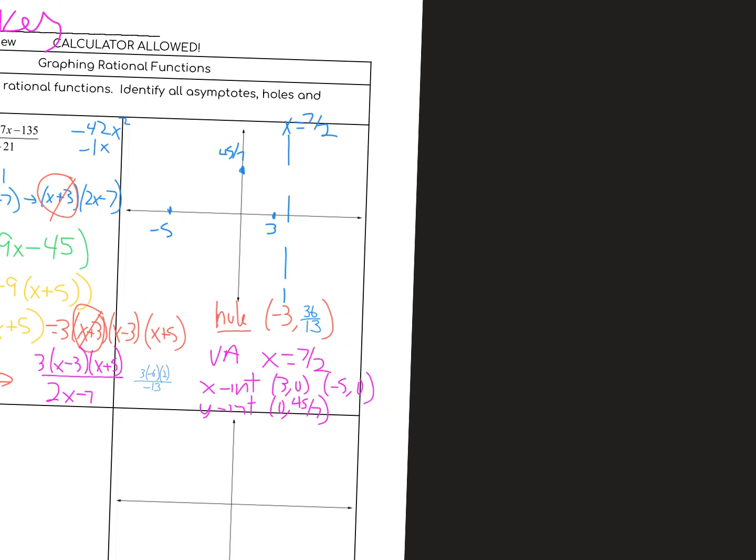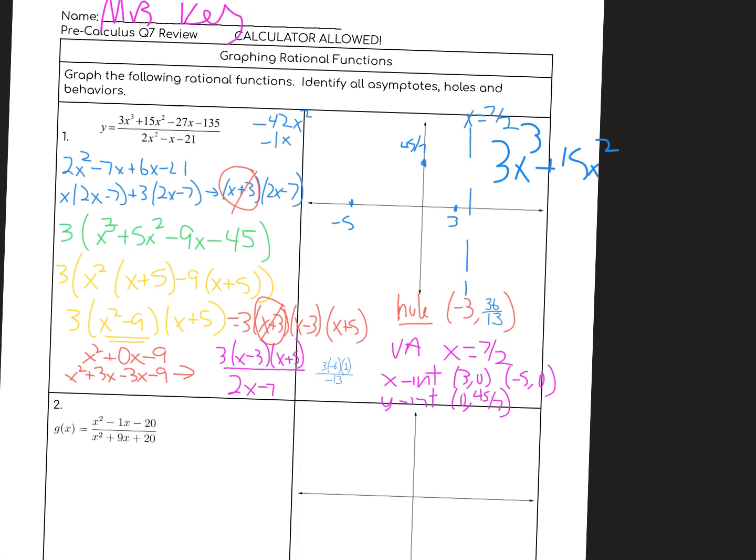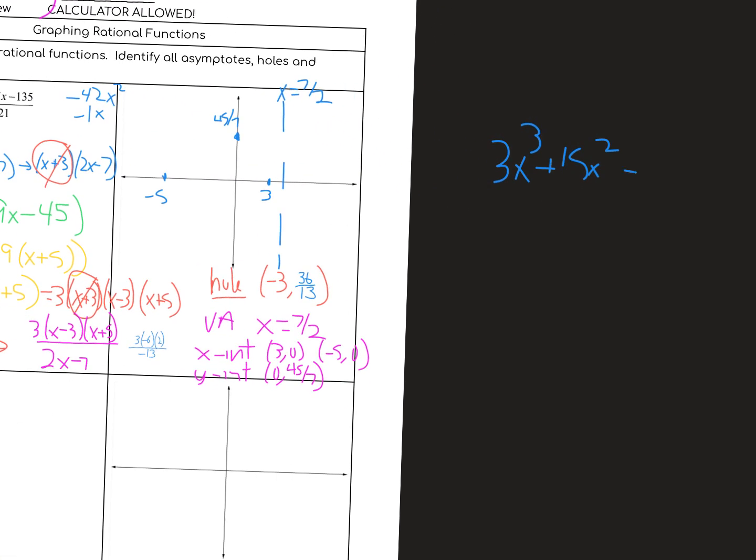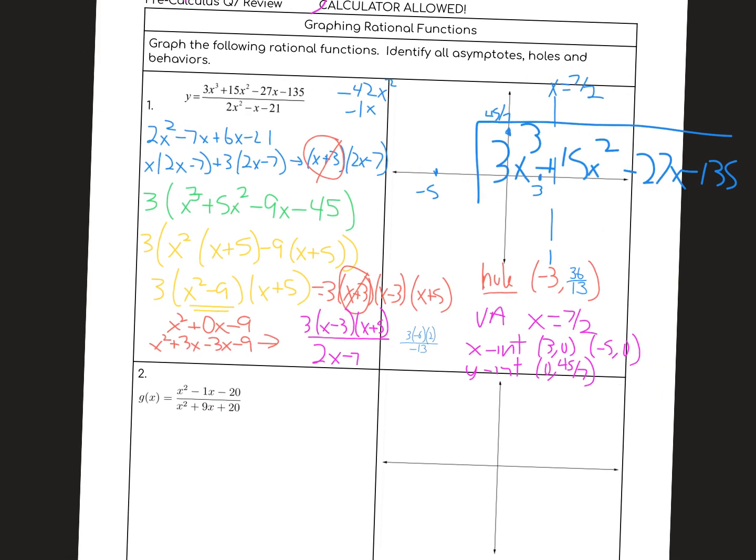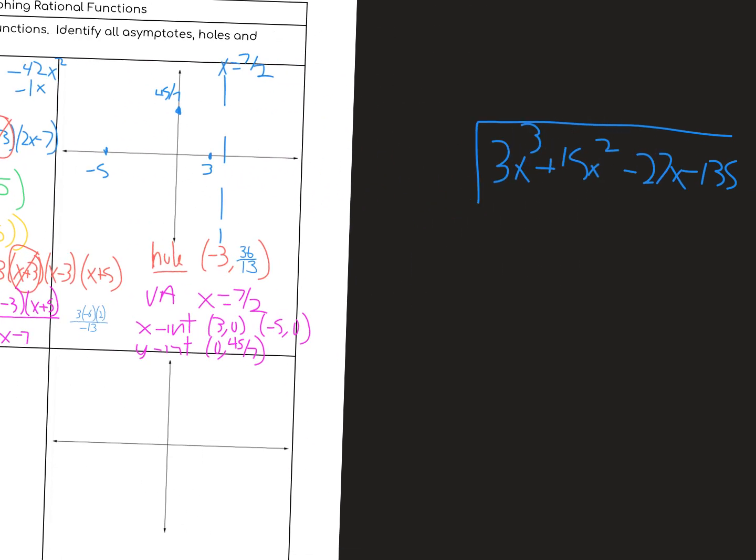So I have 3x cubed, 15x squared, 27, 135. I'm going to divide that by 2x squared minus x minus 21. So I multiply that by 3/2 x. That's a weird one.